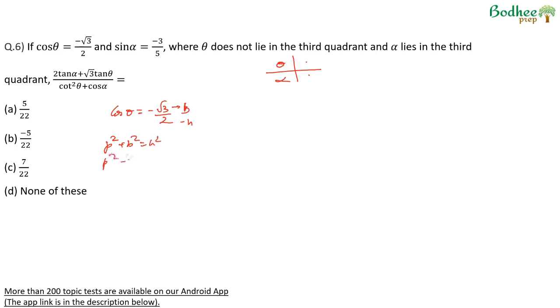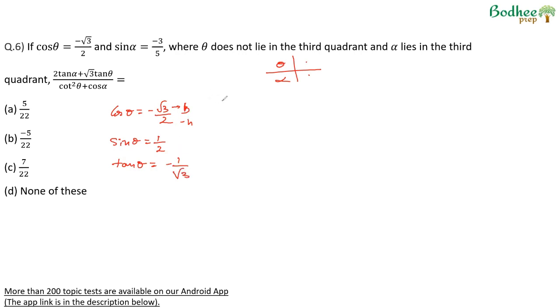So P square plus 3 is equal to 4, P square becomes 1, or P becomes 1. Therefore, sin theta in the second quadrant will be 1 by 2, and tan theta in the second quadrant will be sin theta upon cos theta, or minus 1 by root 3.